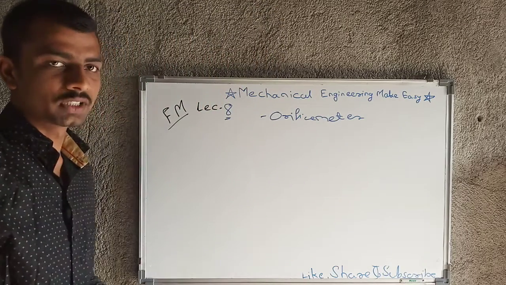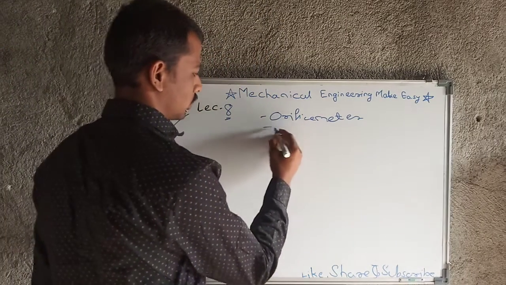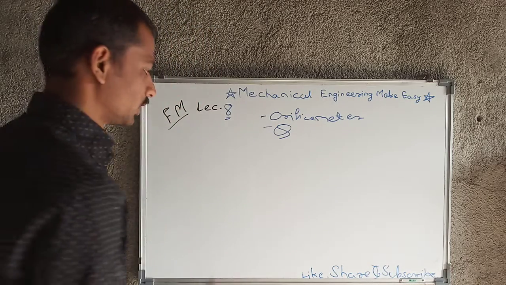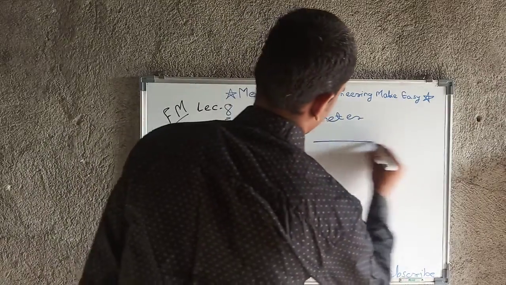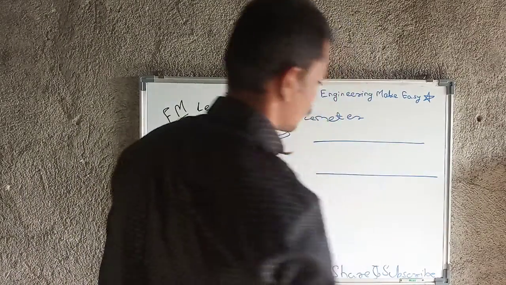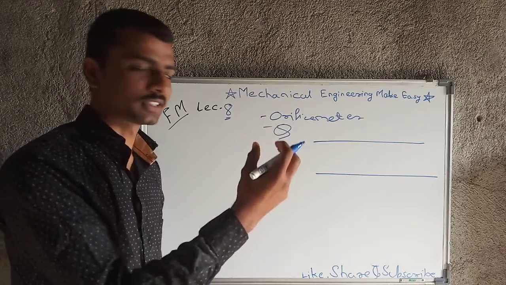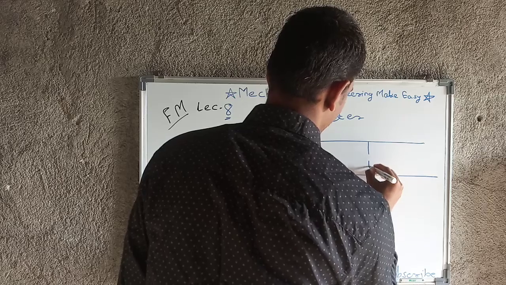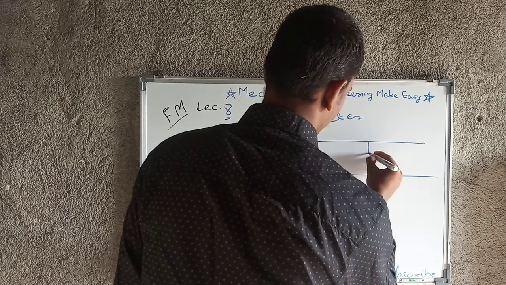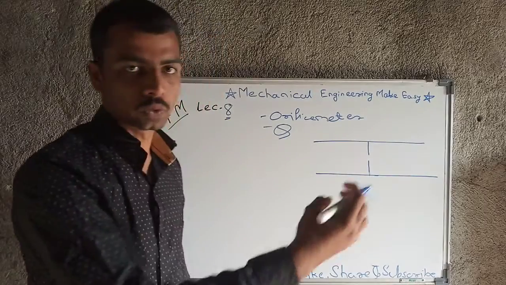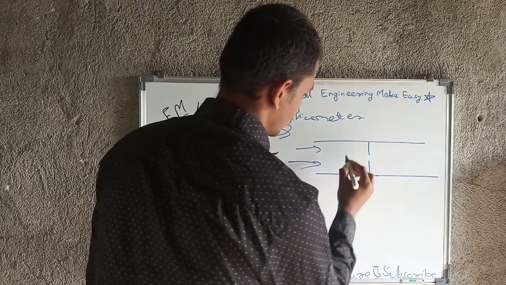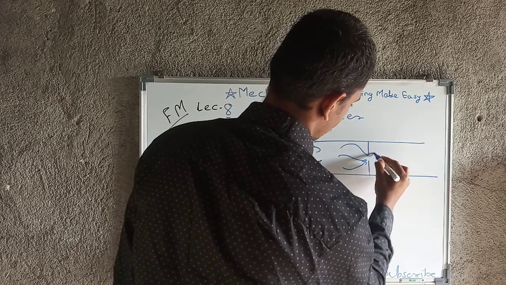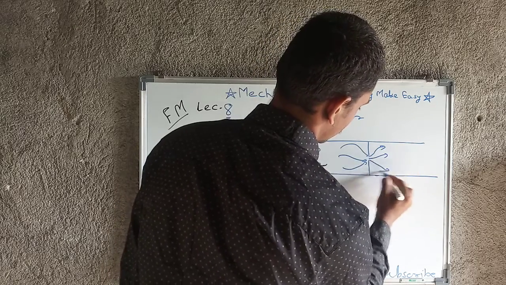Orifice meter is also the instrument we are going to use to calculate discharge. Okay, but what is the change between venturimeter and orifice meter? In case of venturimeter we provide a converging section and diverging section, but in case of orifice meter we will only place one plate here, and that will have a very small diameter outlet, means the flow will pass from this direction, likewise the flow will pass, and from this section the flow will go likewise.